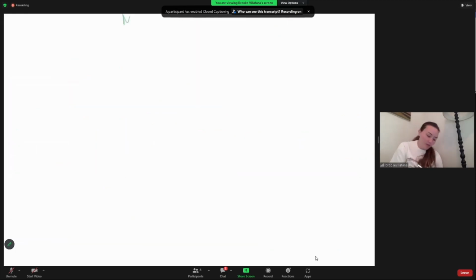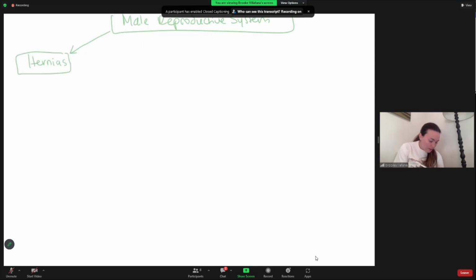If I do a new page, this would be additional stuff that could happen with male. Let's try to do it in an outline because I feel like it's nice. So this is the topic of hernias. Hernias are when abdominal contents leave out of the abdominal cavity.